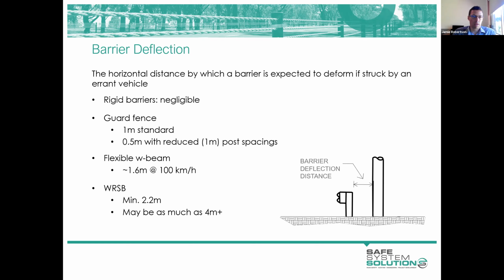Not an issue if the barrier is located on the outside of the curve. In fact, that sort of tension effect will serve to reduce its deflection, if anything. But be mindful where you have long lengths of barrier and or you have a curve in play, your barrier may deflect by more and quite a bit more than the published values.